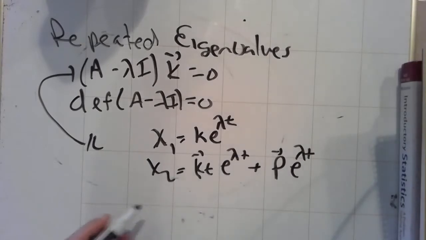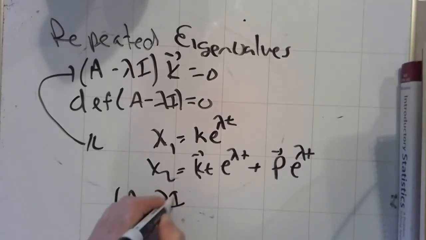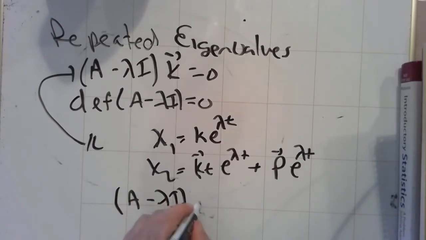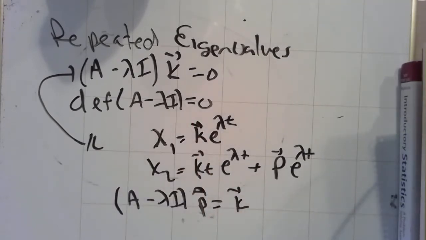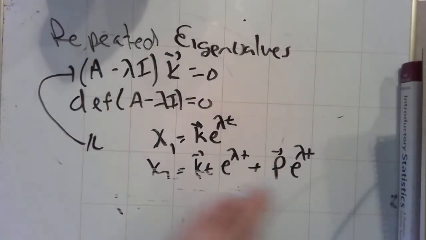And that vector p has to satisfy A minus lambda I times the vector p equals this vector k we had, our other eigenvector. So this is the mathematics behind it. Let's do an actual problem.